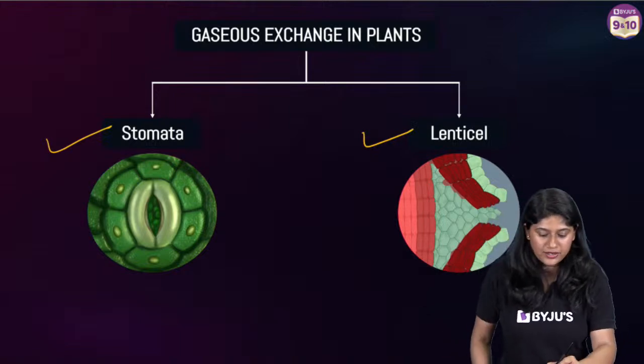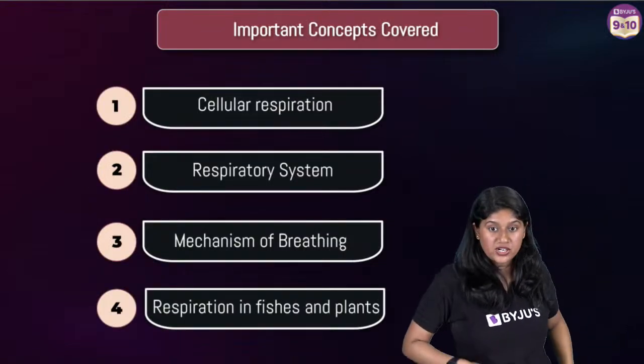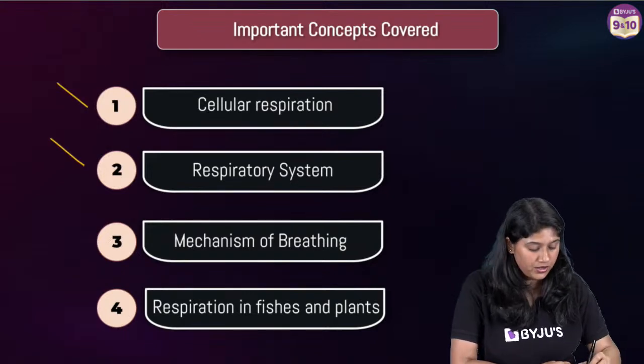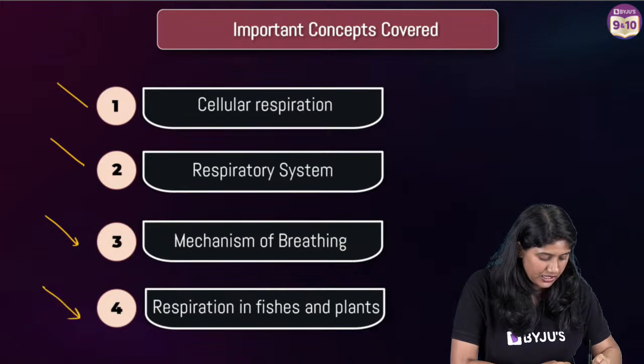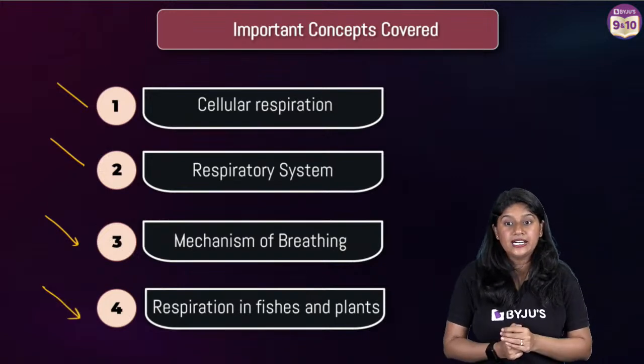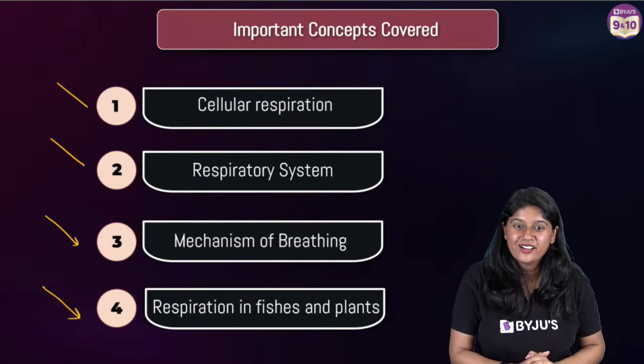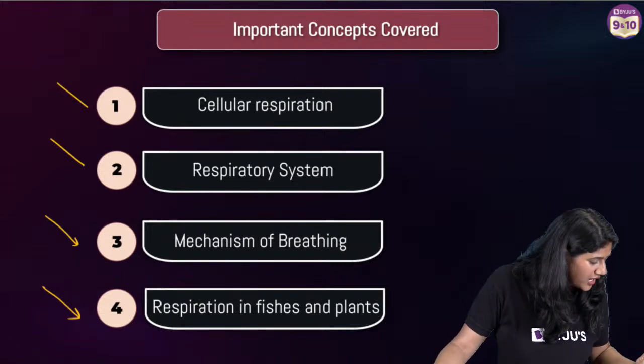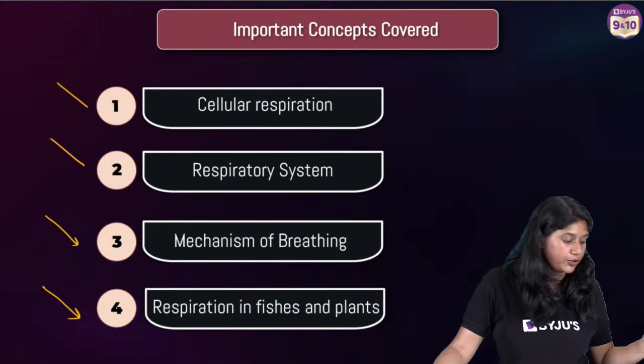Okay, now everyone, this is what we have studied, right? We have cellular respiration, the circulatory system, the mechanism of breathing, and respiration in fishes. Clear? Very good. Give me a minute, everyone. We have one more last important thing for all of you.